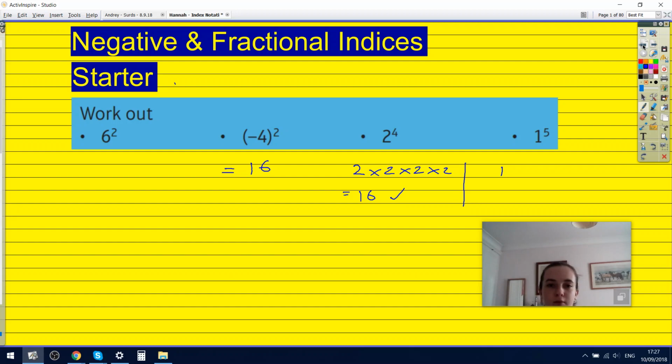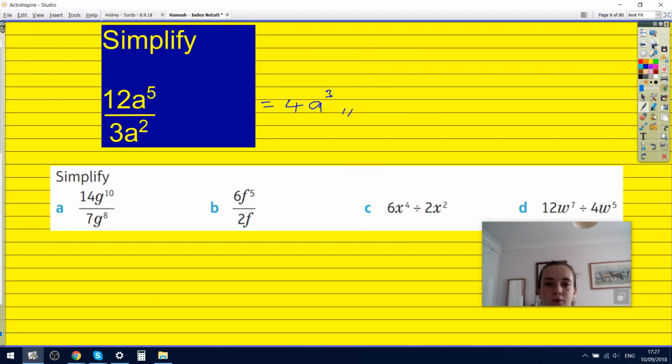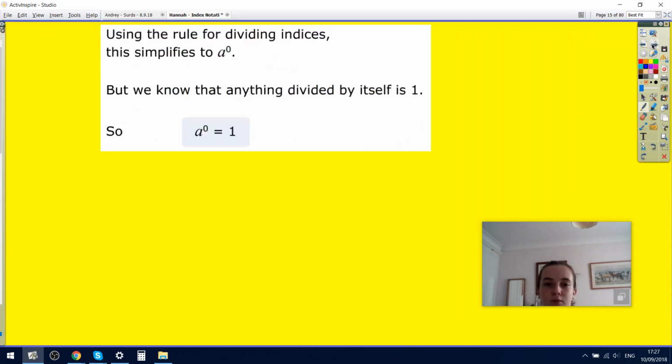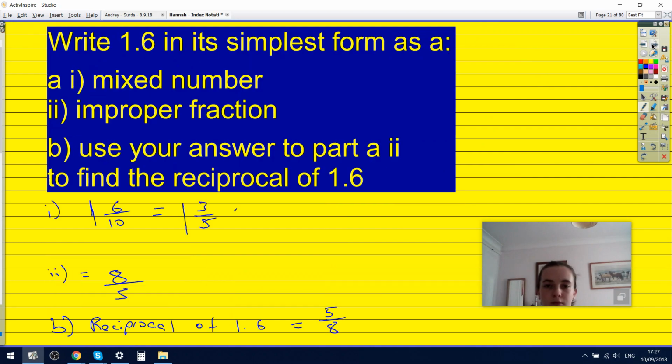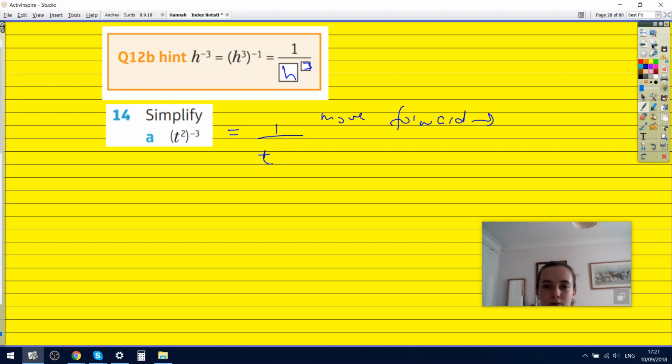Oh, not that far back. So what will be this one here? So t to the minus 6, t to the 6. So t to the... that's the same as what? 1 over t to the 6. Yeah. Okay.